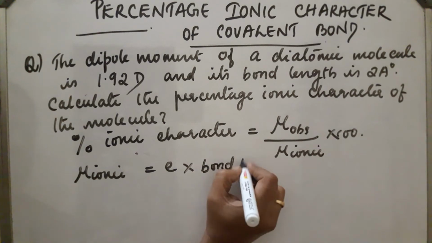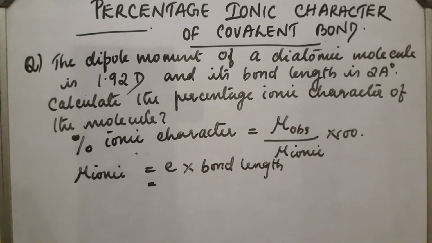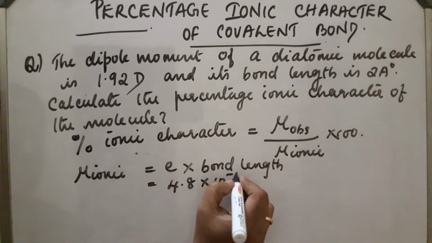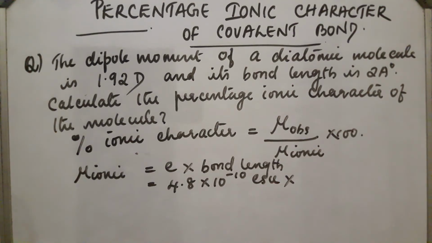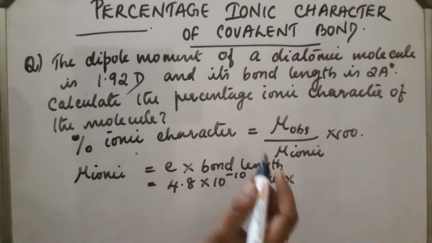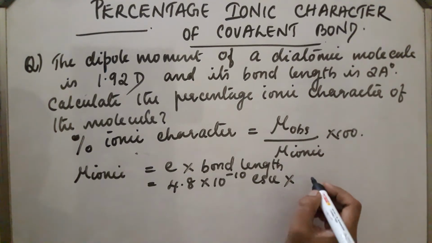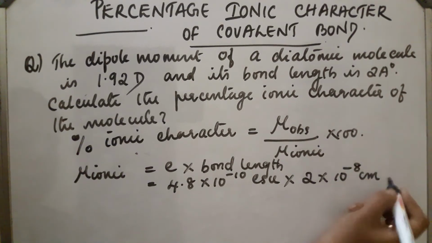So e we know is 4.8 into 10 raised to minus 10 ESU, into bond length, which is 2 angstrom. So we have to convert it into centimeter. 2 angstrom is 2 into 10 raised to minus 8 centimeter.